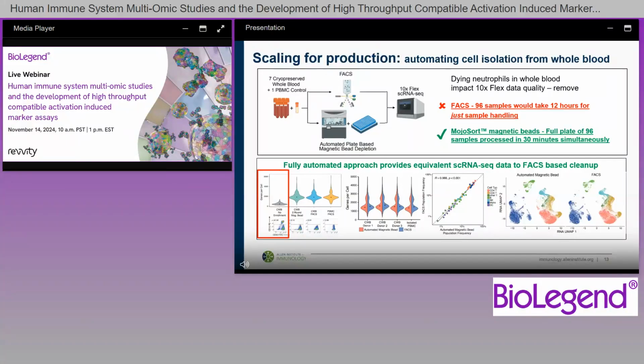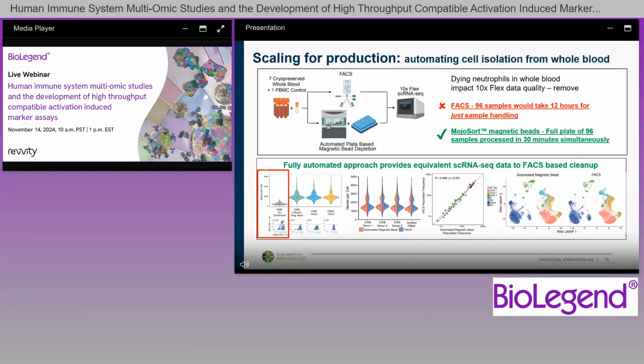And while those cells are still alive, that's just not possible for those to all make it through the process in one day. So my colleagues who are part of my automation team have developed and integrated on deck with our liquid handling robot a magnetic bead isolation that can be done on 96 well plates. So instead of 12 hours, you can do 96 samples at the same time and process that in 30 minutes.